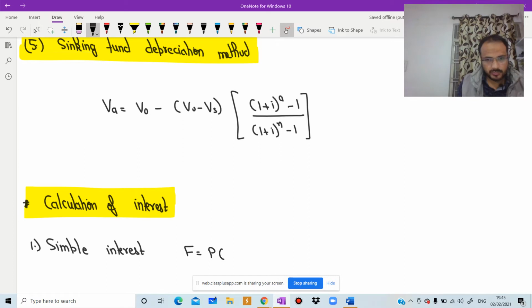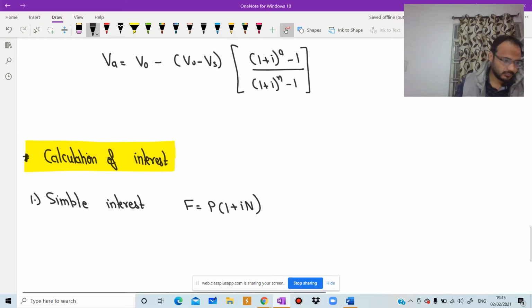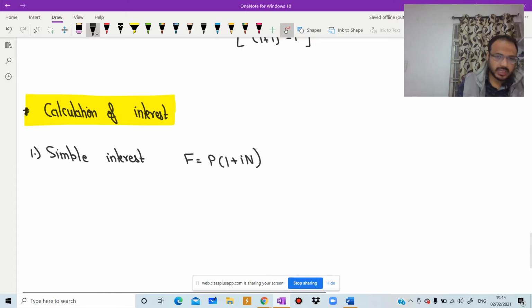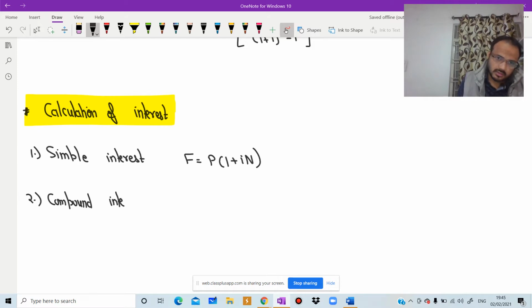So F is equal to P plus I into N. F is the total amount of principal plus accumulated interest during time N. Second one is compound interest. F is equal to P into (1 plus I) to the power N.